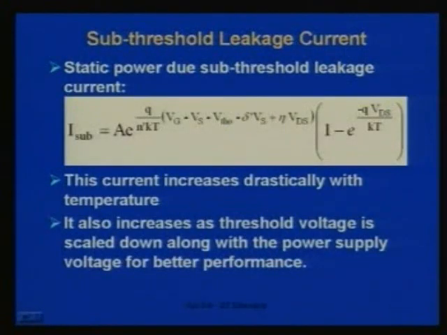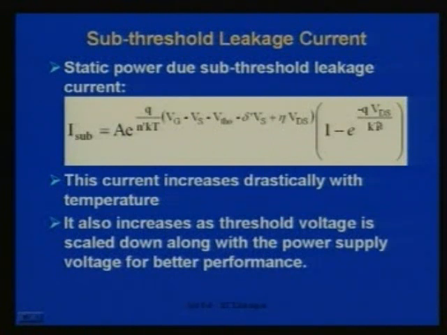Even when the voltage is less than the threshold voltage, the current is not very small, and when the voltage is close to the threshold voltage but less than it, that current is quite high, and that is known as subthreshold leakage current. This is the expression for it, and this current increases drastically with temperature.